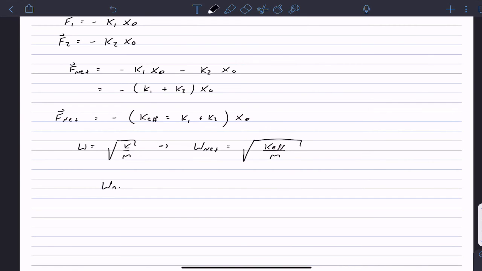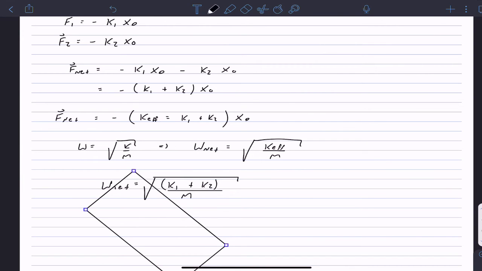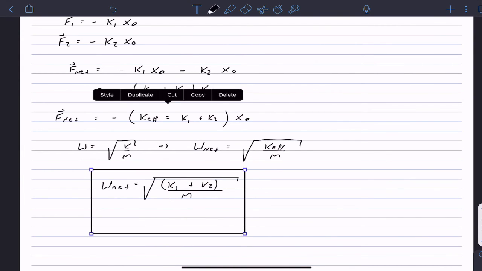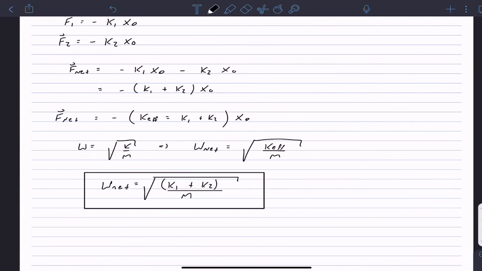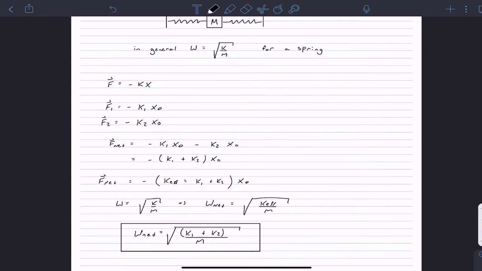So that's going to be the square root of k1 plus k2, all over the mass of the block. And that's your answer right there. There we go.